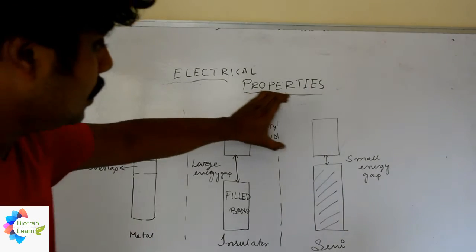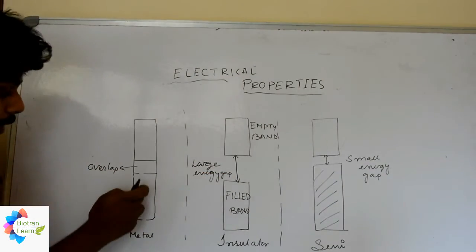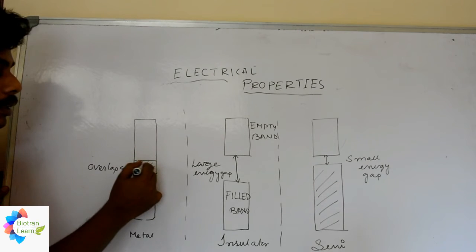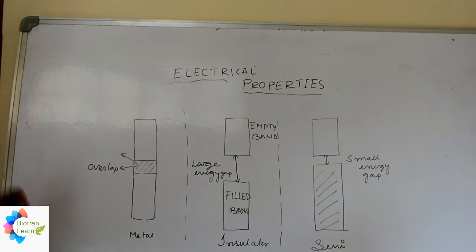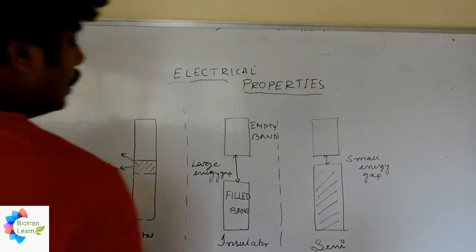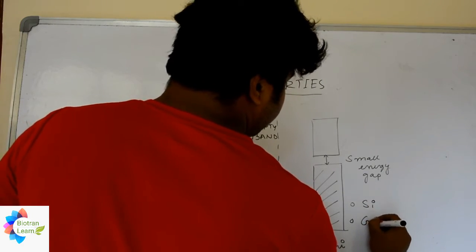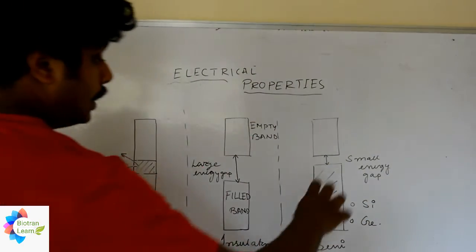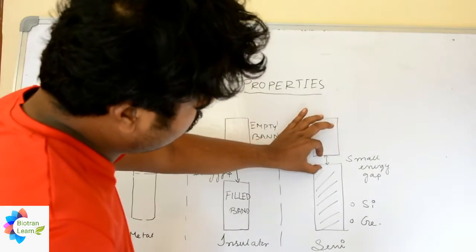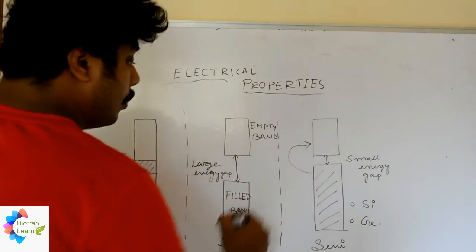In these sections we can also find the same thing, but if this particular section contains an overlapping section, it will conduct a certain amount of electricity. In the case of semiconductors like silicon and germanium, there is a small energy gap, hence the electrons can jump from here to here.